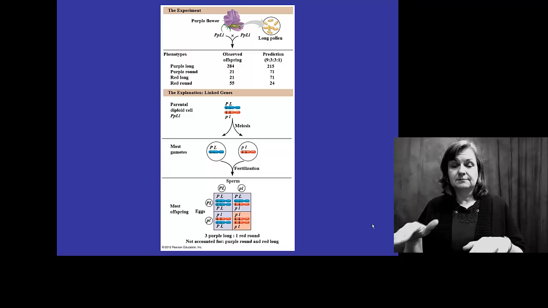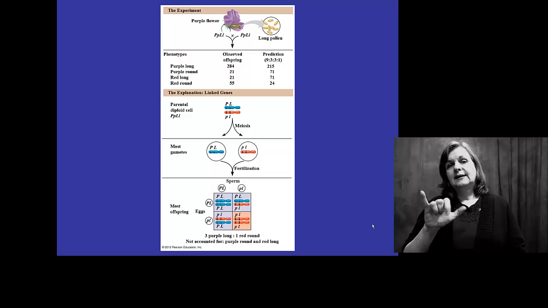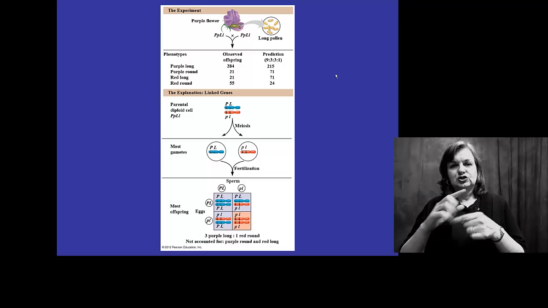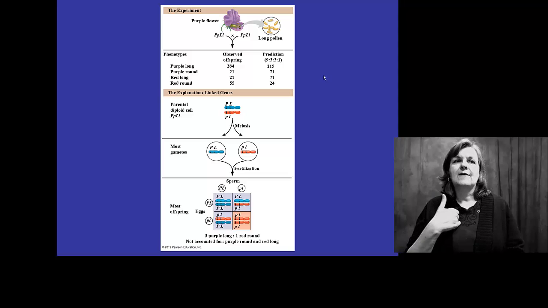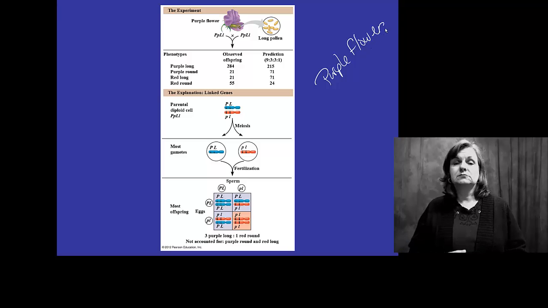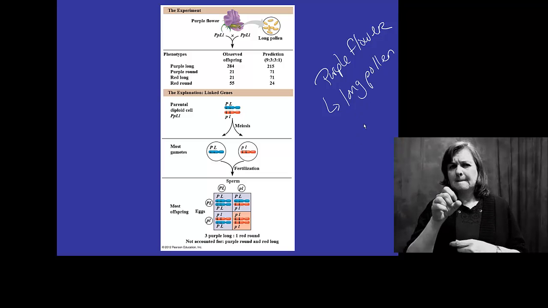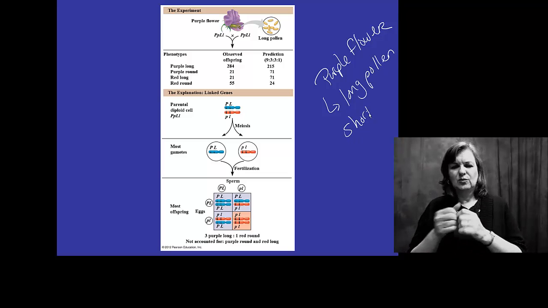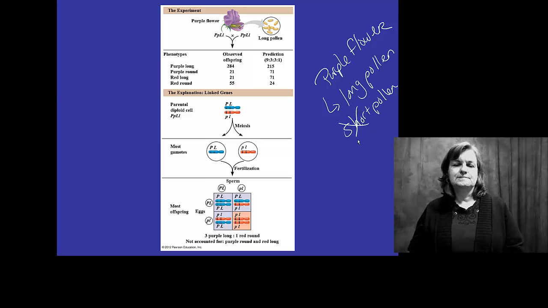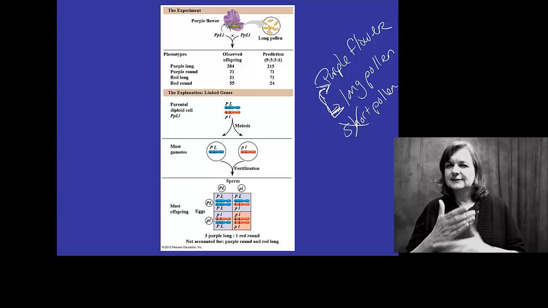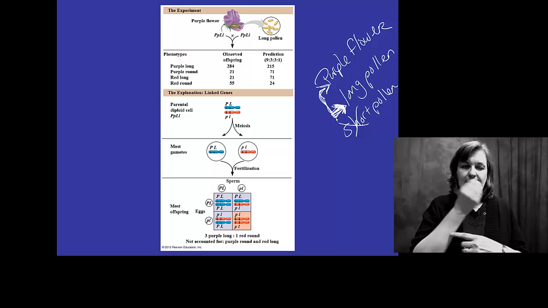So if we have what we call linked genes, this means that if you have a purple flower, what I want to know is, does being a purple flower make you more likely to have long pollen than short pollen? So is there some connection between being a purple flower and having long pollen? Okay?